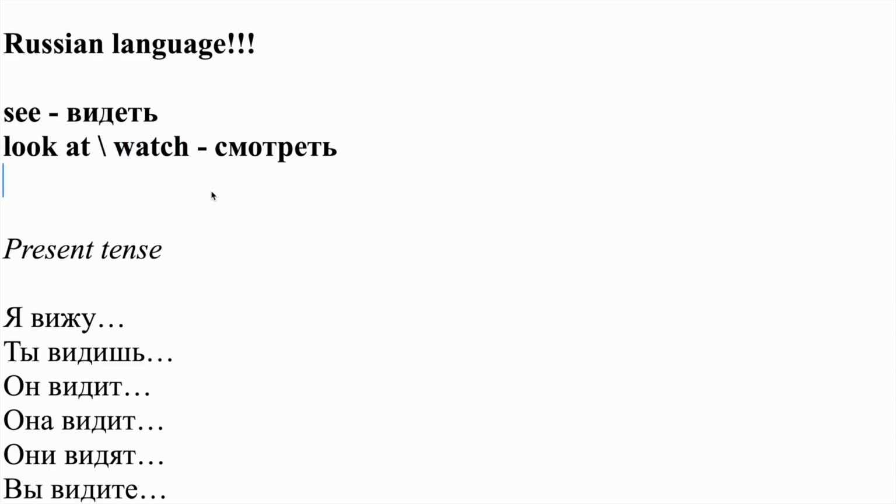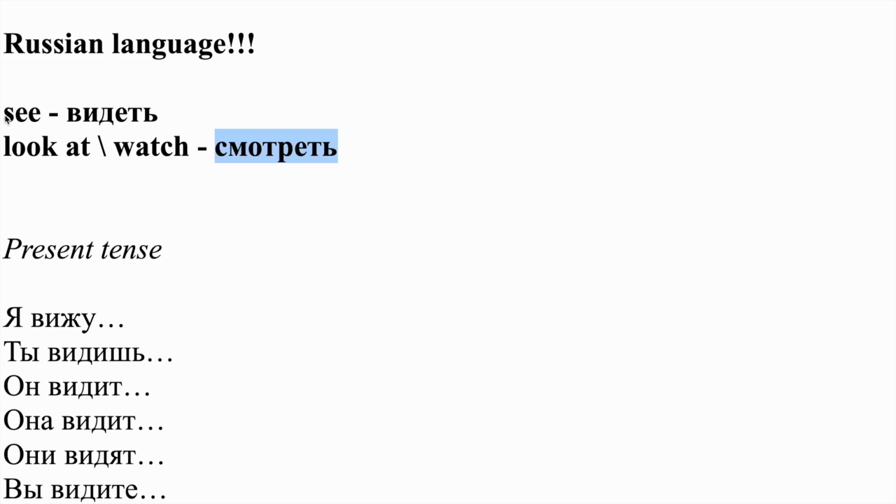So let's get started. We know that we have this English verb see, and we translate it in Russian like видеть, видеть, yes? But at the same time, we have these two English verbs like look at and watch. And these two English verbs we translate with only one Russian verb смотреть, смотреть.